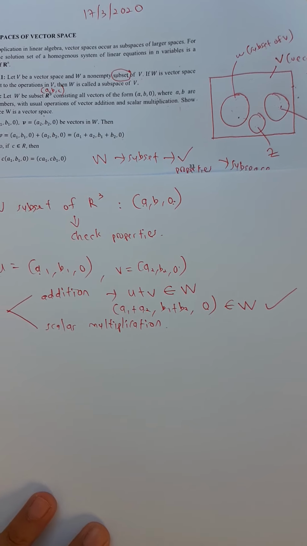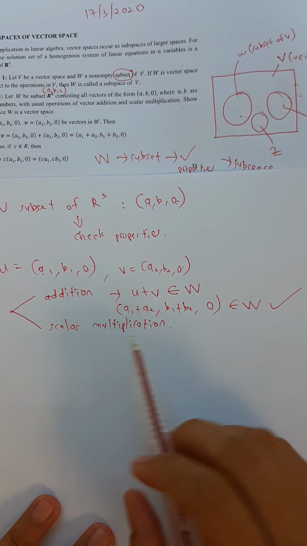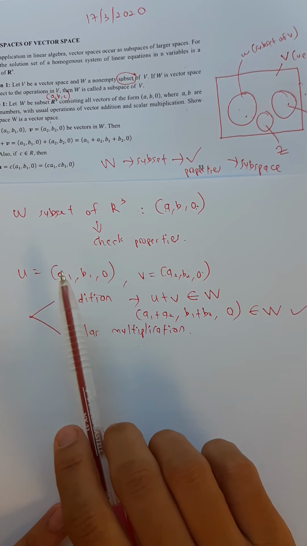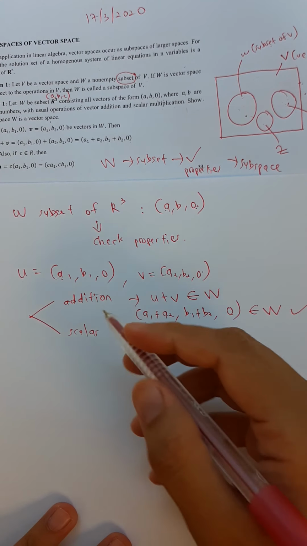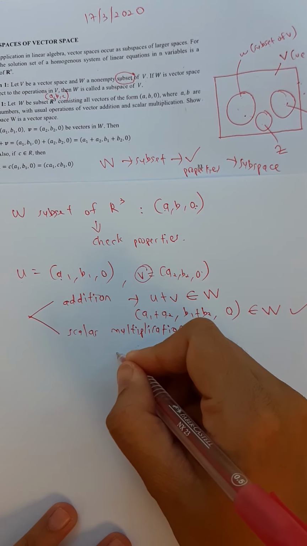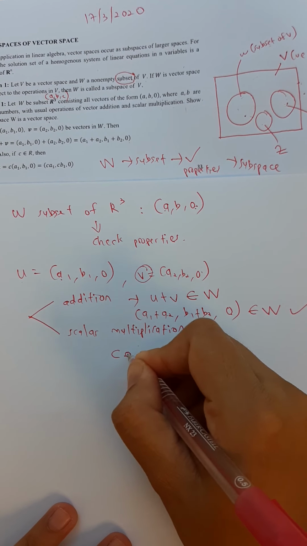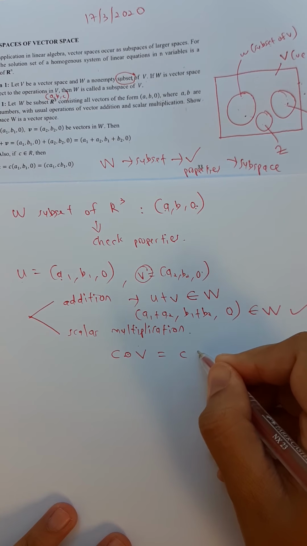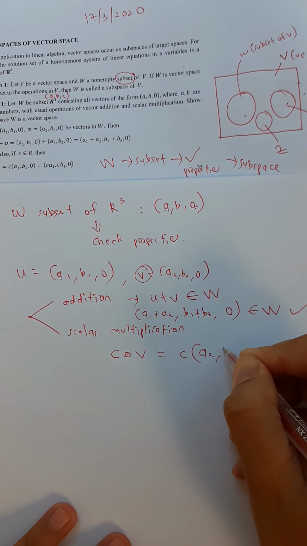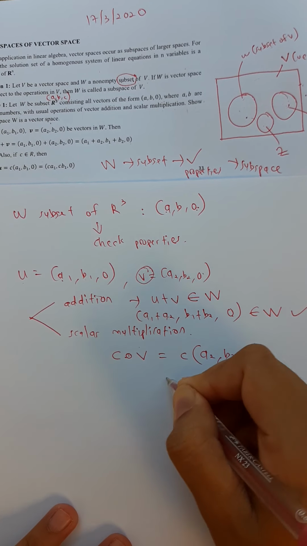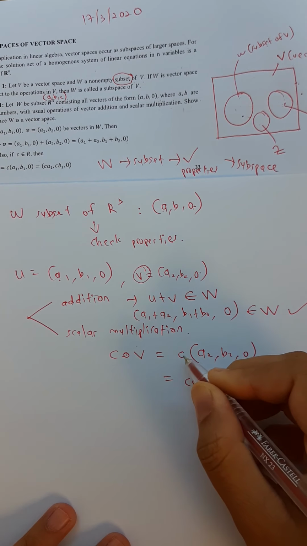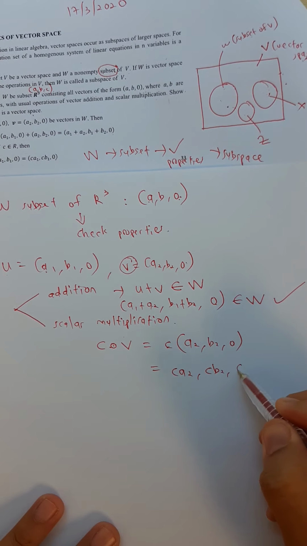Okay, the next thing you need to check is the scalar multiplication. For scalar multiplication, you can just take any one of these two vectors. Let's say I choose V, and you multiply with C. So C scalar multiplied with V is equal to C multiplied with A2, B2, 0, which is equal to CA2, CB2, and C multiplied with 0 is just 0.